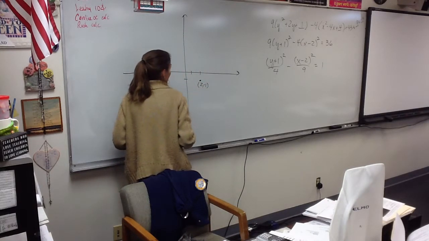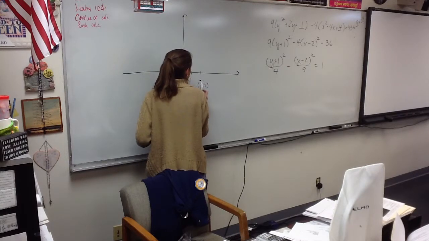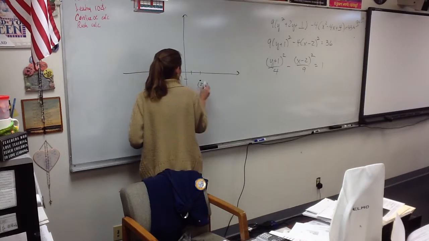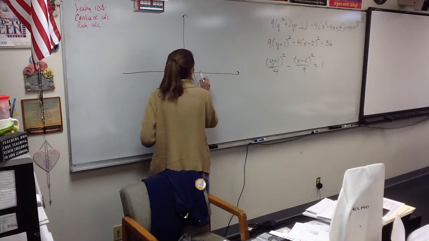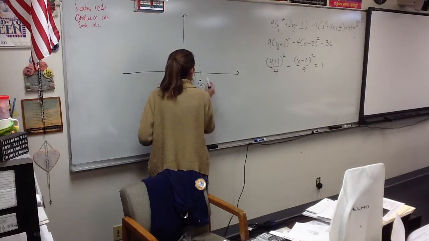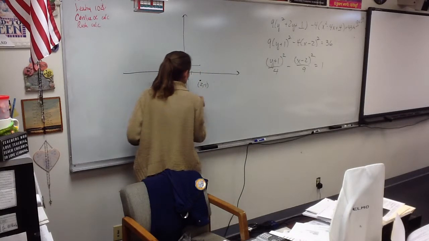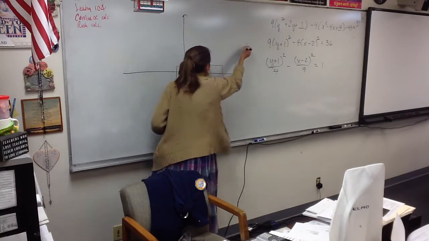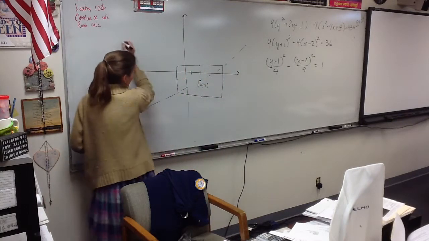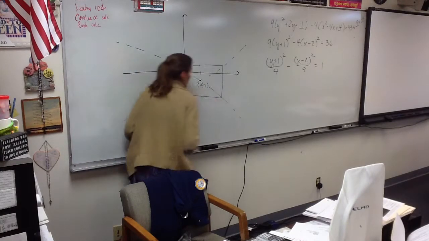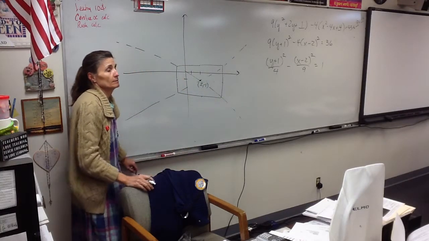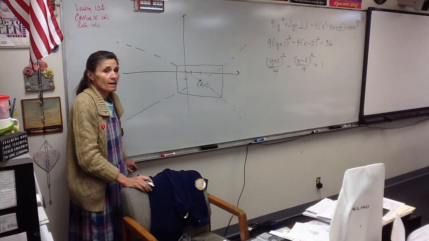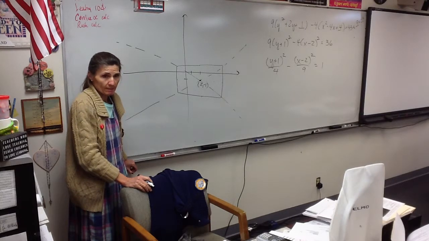If I'm going to build my box, I'm going to go sideways 3 and up and down 2. So now go ahead and put in my asymptotes. They're supposed to be straight lines. Now I need to decide which way I shall open it.